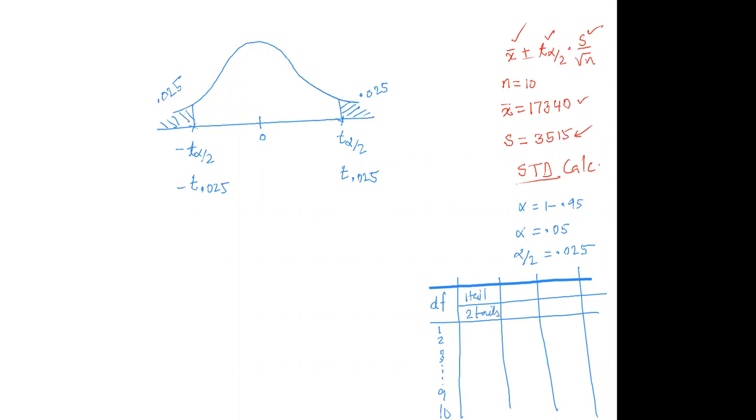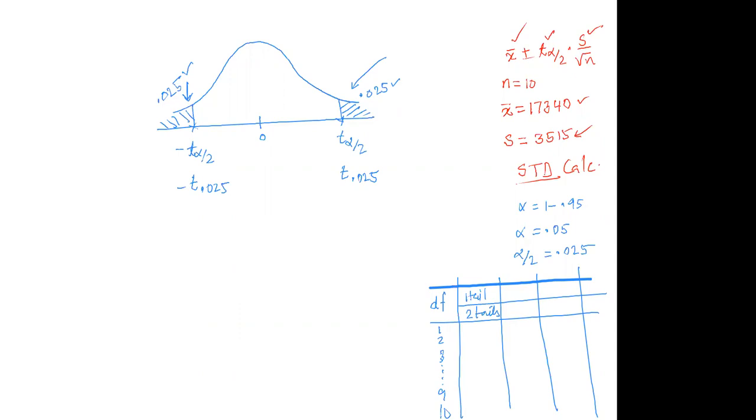In our case, area in one tail is 0.025, and area in two tails is twice as much, which is 0.05, because 0.025 plus 0.025 is 0.05.